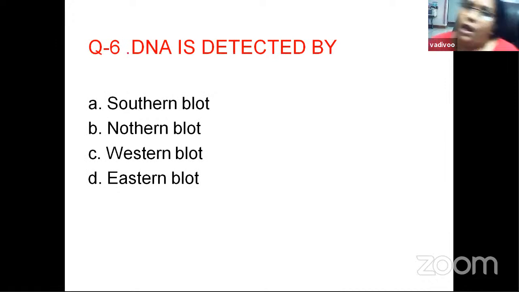So now, how is DNA detected? It can be detected by southern blot, northern blot, western blot, eastern blot. Which is the correct choice? The correct choice will be southern blot. In southern blot only DNA can be detected.